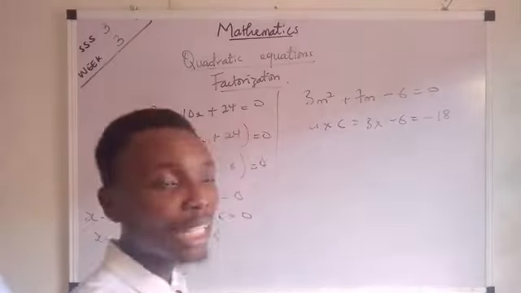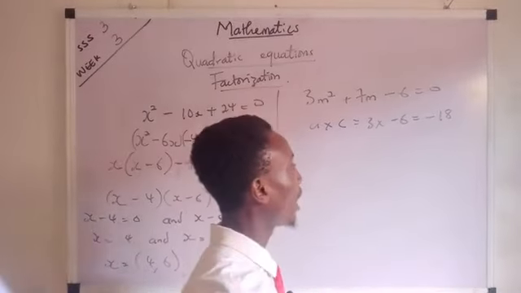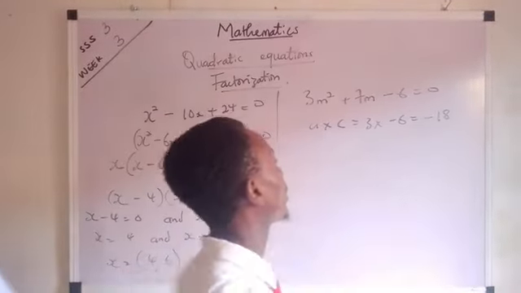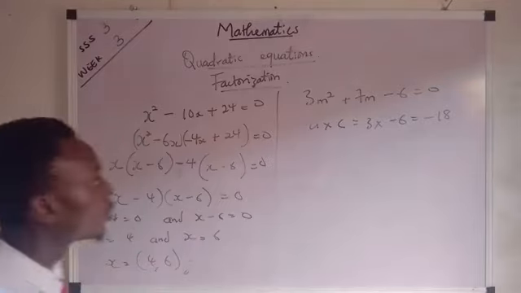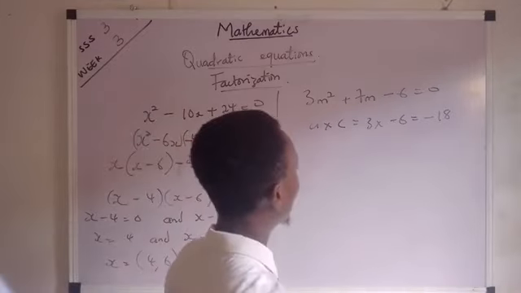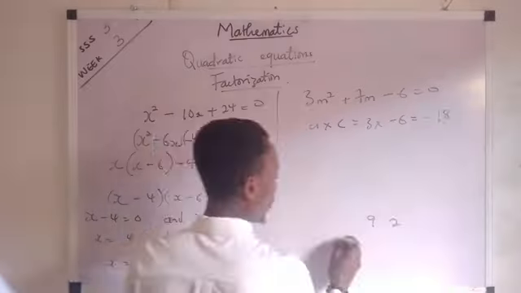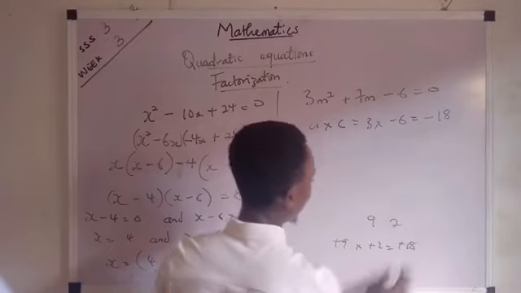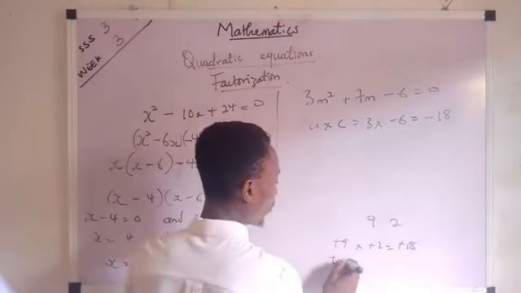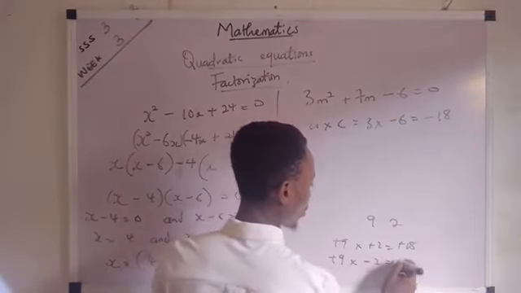Now, we make this our focus instead of this. What can we add together to give us 7 and multiply by each other to give us minus 18? So what do we add together to give us 7? Now looking at this, I'm looking at 9 and 2. Plus 9 times plus 2 will give us plus 18, which is not minus 18, so it cannot work. Plus 9 times minus 2 will give us what?